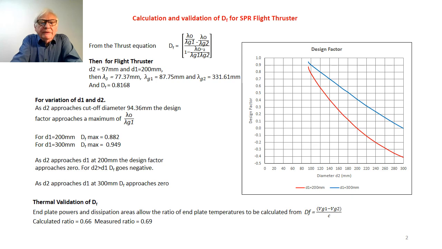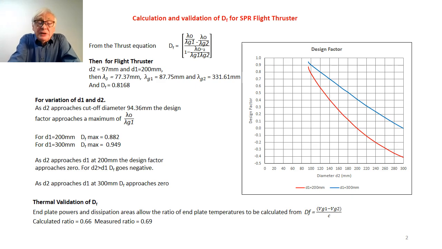Now, one of the interesting design exercises you can do is to calculate the ratio of the temperatures of the two end plates. And if you calculate the ratio of these, you need to obviously calculate the dissipation at each end, which effectively you can get from the design factor.